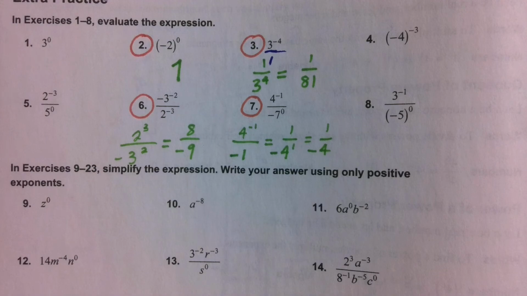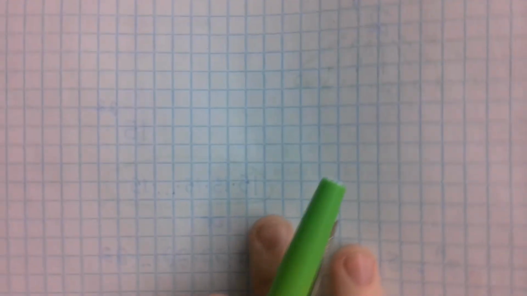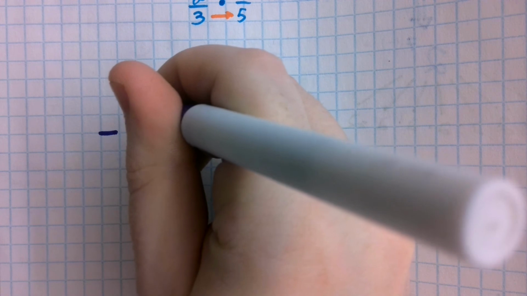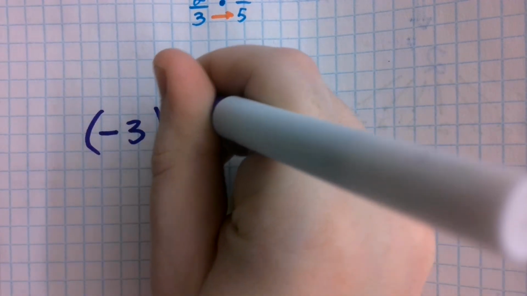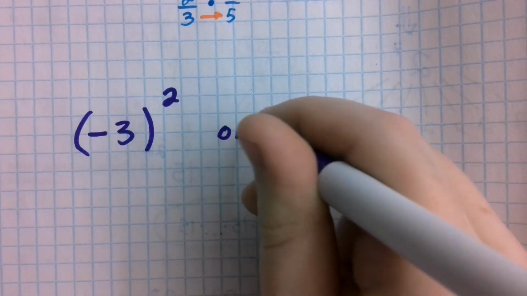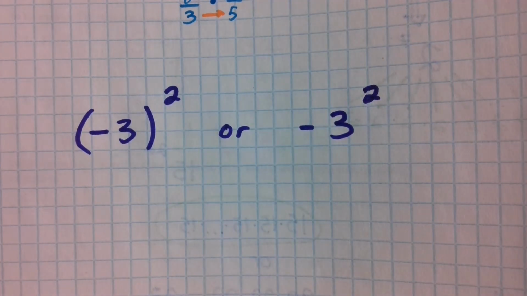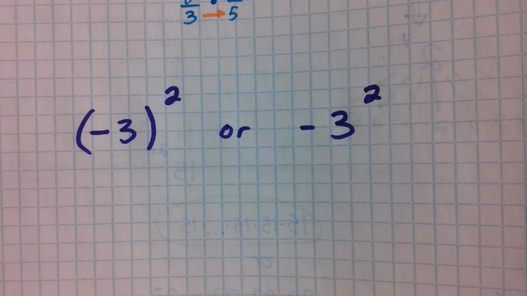This brings up an interesting little dilemma: what do we do with negative numbers? And the answer is, it depends. Let's say I have the following 2 problems. Well, let's experiment with what these mean.